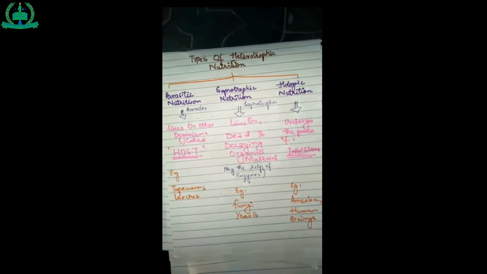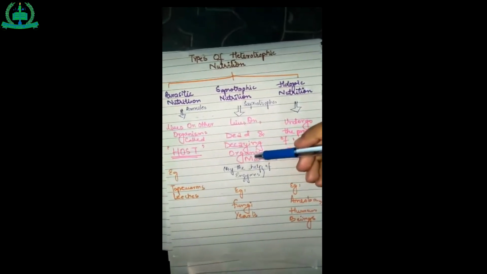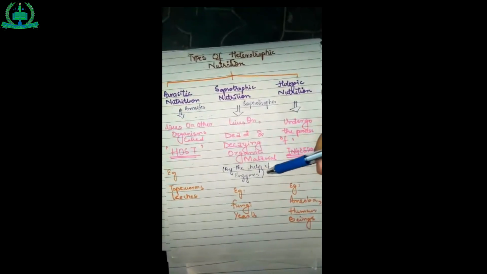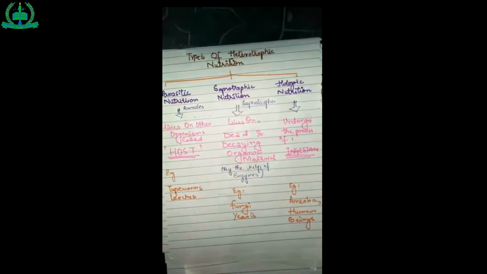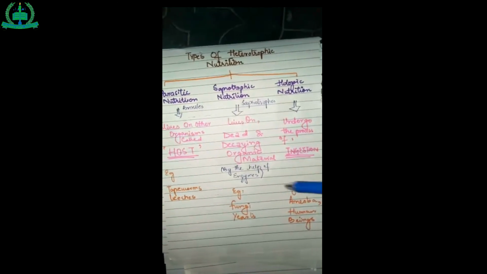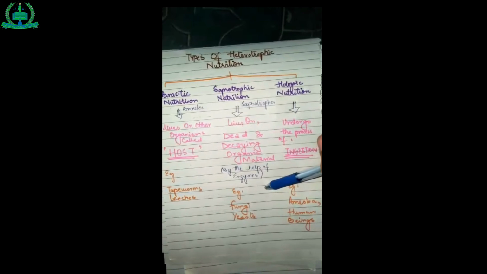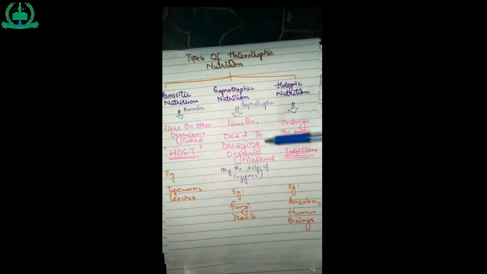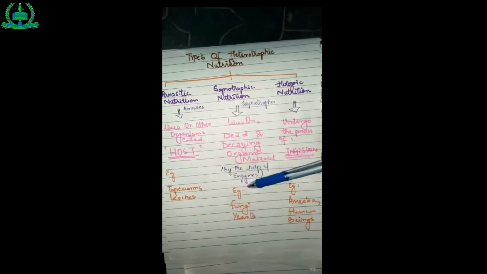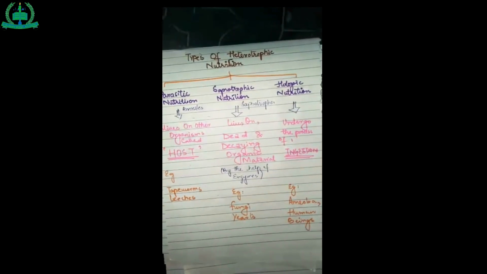So they undergo the process of decomposition on the dead organic material with the help of enzymes. Obviously no chemical process can be done without the help of enzymes. So enzymes again play a vital role in the decaying of organic material, right? Examples are fungi and yeast.